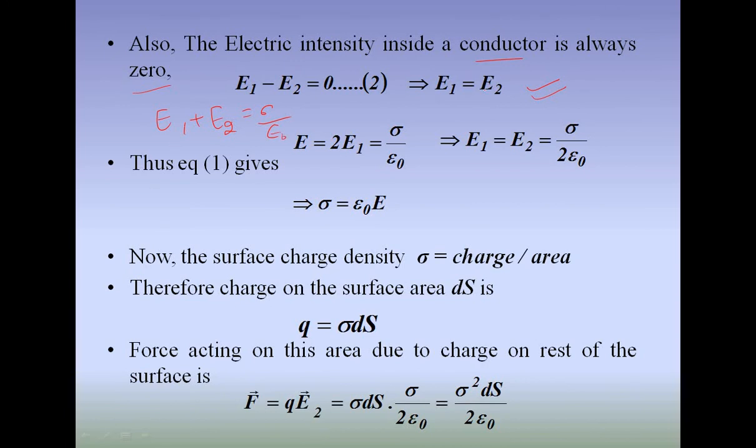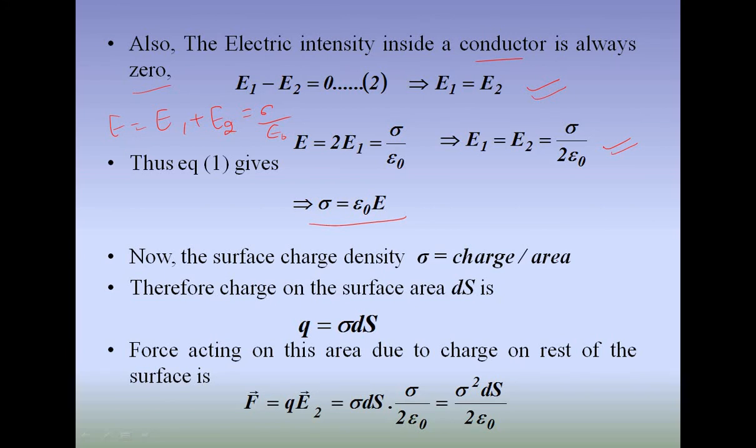Okay, and E1 and E2 are equal to each other, so E1 plus E2 we can write as 2E1 is equal to sigma by epsilon naught, and from this we can get E1 equal to E2 is equal to sigma by 2 epsilon naught. Okay, thus from this equation if we write E is equal to this, we can get sigma is equal to epsilon naught times E.